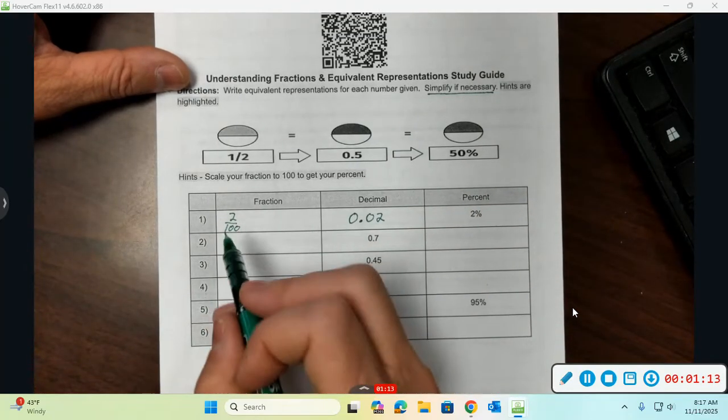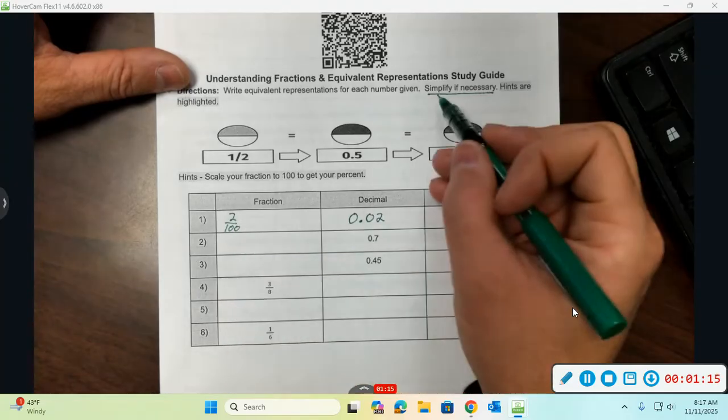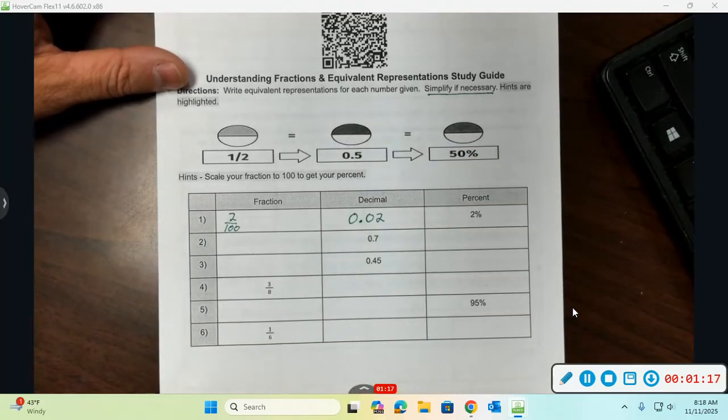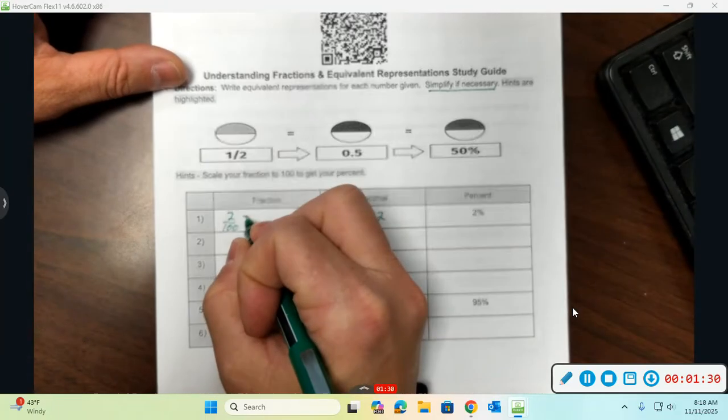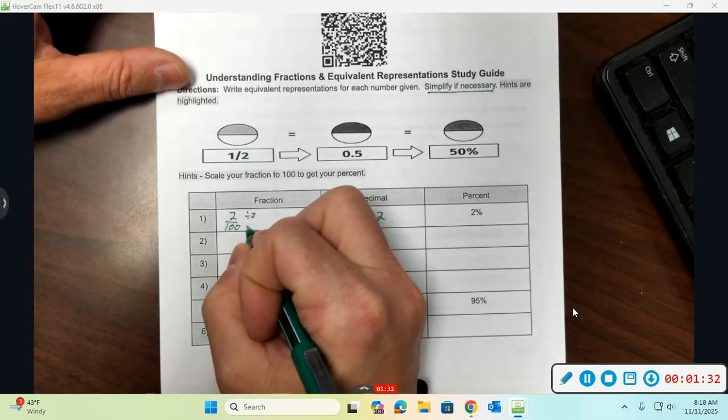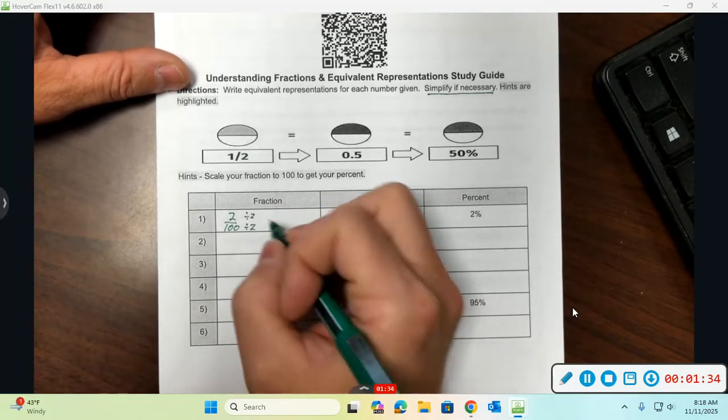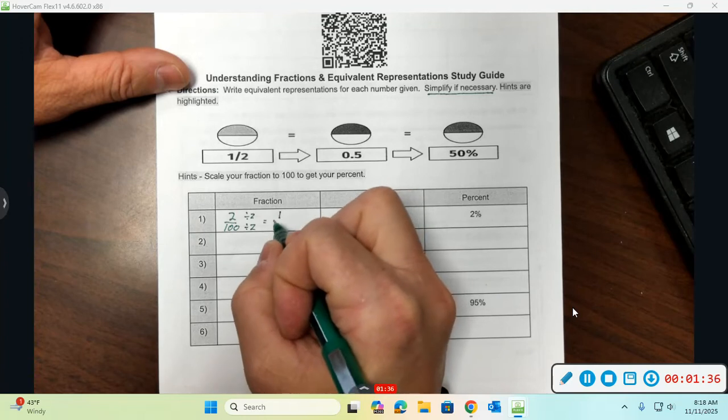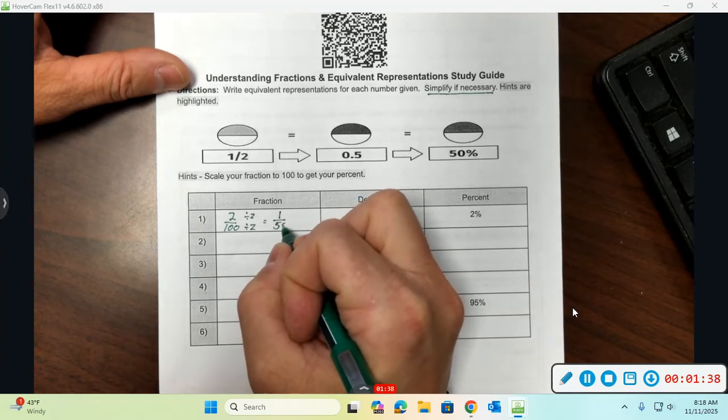Now, going back to this fraction, is this fraction simplified? It is not. That fraction is not simplified. So how do I simplify it? It'll be 1/50th, but how do I make it 1/50th? Divided by 2. So we're going to divide the top and bottom, or scale it down by dividing by 2. So I end up with 1 over 50.